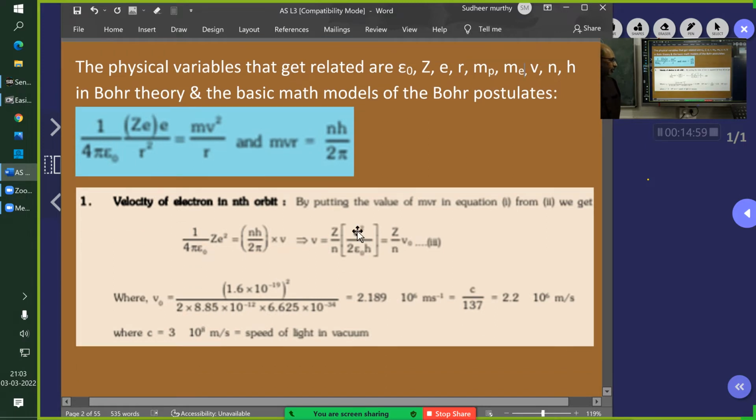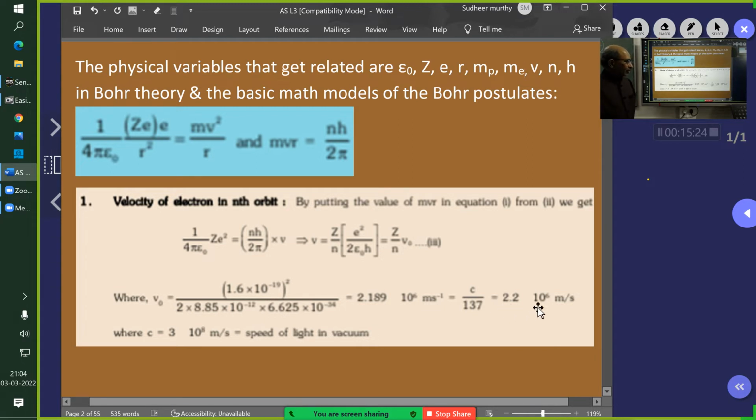Now if you plug in all the values here for V naught, because charge of the electron is 1.6 into 10 to the power of minus 19, 2 into 8.85 into 10 to the power of minus 12, h is 6.625 into 10 to the power of minus 34. So you get here 2.1 into 10 to the power of 6. And this is 1 by 137 the velocity of light.